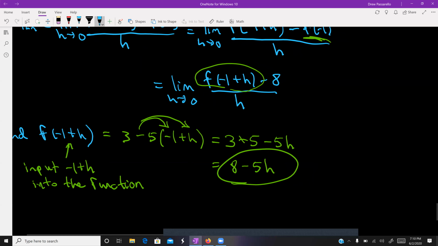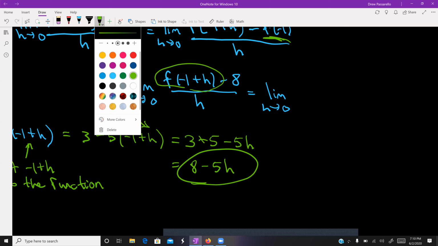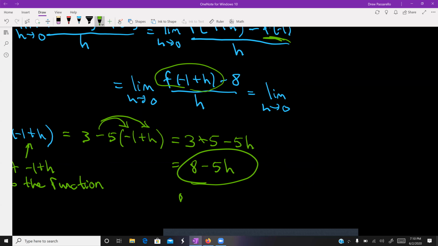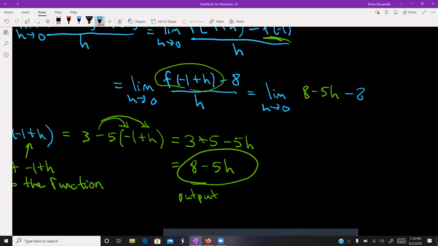So we're going to have the limit as h goes to 0, and instead of f of negative 1 plus h, I found that in green by plugging negative 1 plus h into the function, and the output was 8 minus 5h. That's that part, and then I still have the minus 8, all of that divided by h.